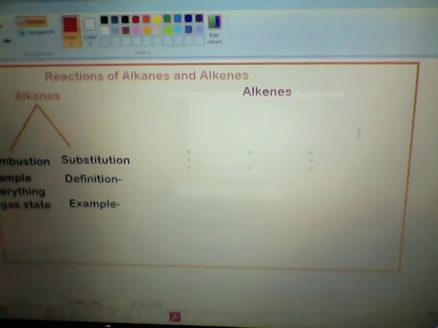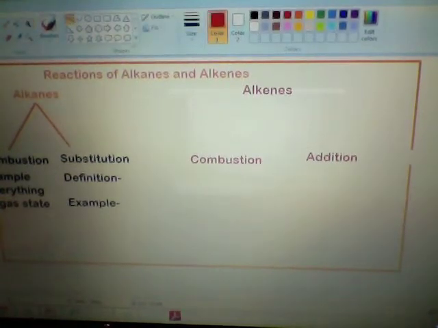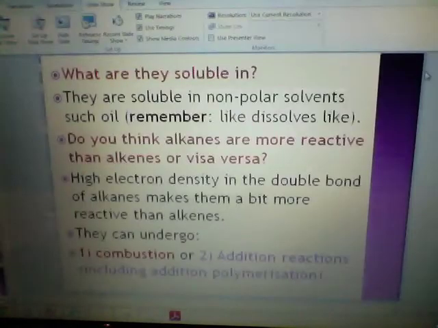We have combustion and addition. Okay, so we're going to skip combustion because we've already covered it with alkanes. Exact same thing. You have the oxygen as a reactant and carbon dioxide and water as the product.